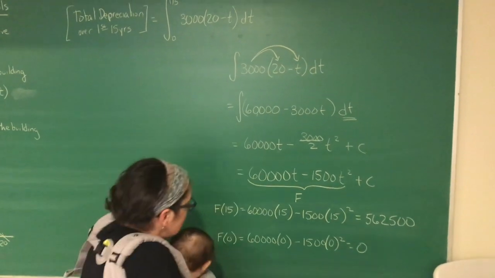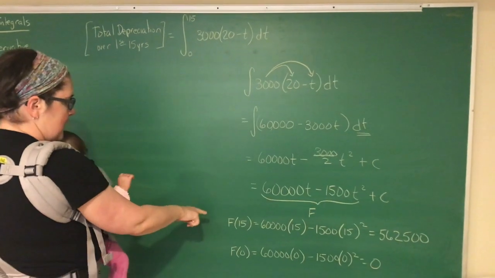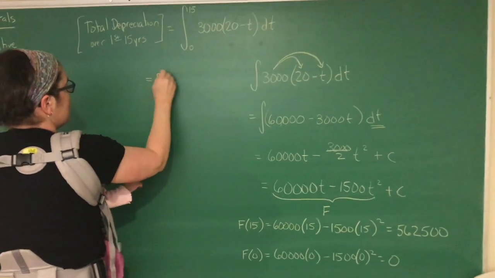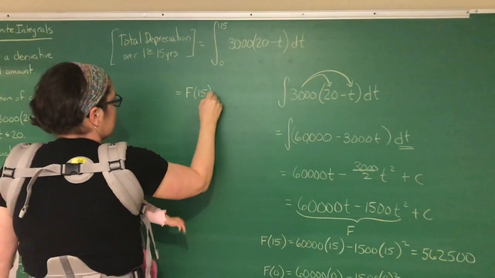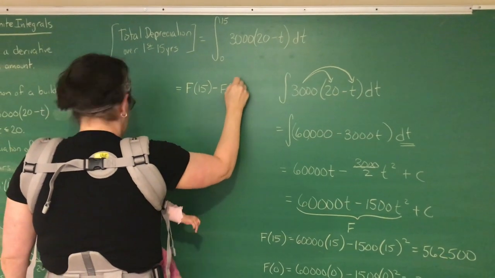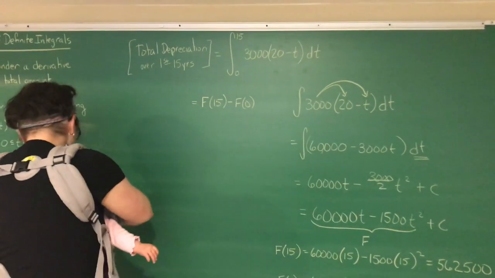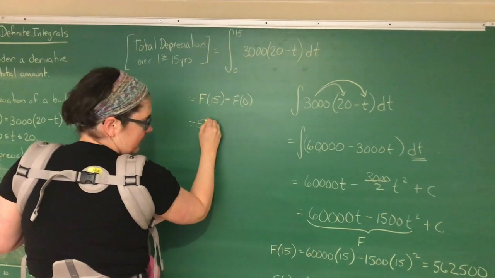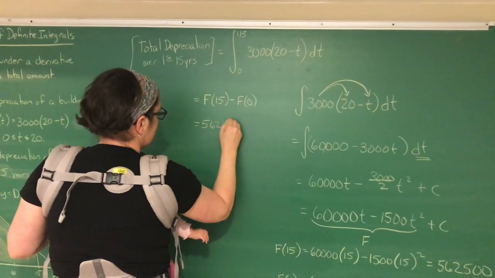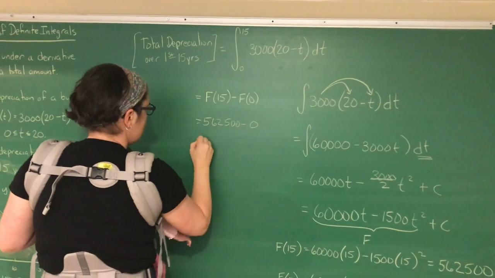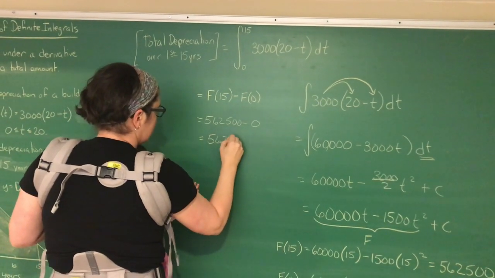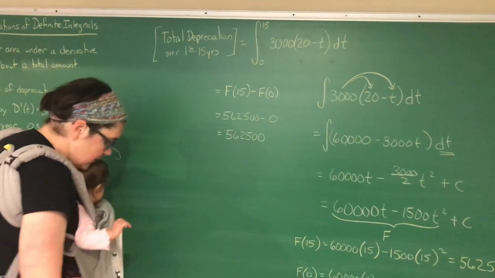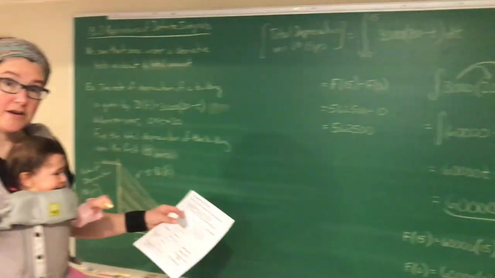So I plugged in my top bound, I plugged in my bottom bound, and so now I have capital F of 15 minus capital F of 0, which is 562,500 minus 0, which is 562,500. Okay, so we just found our number.